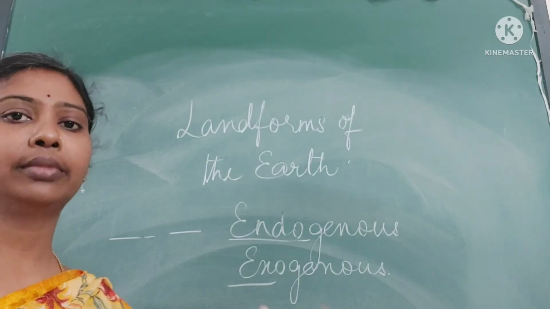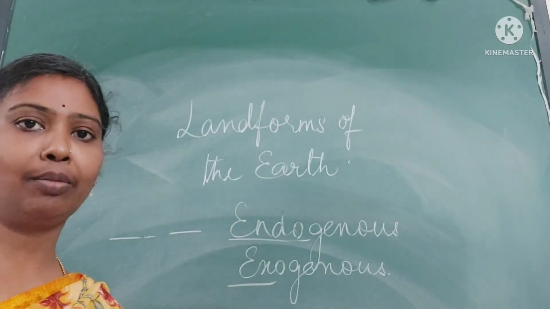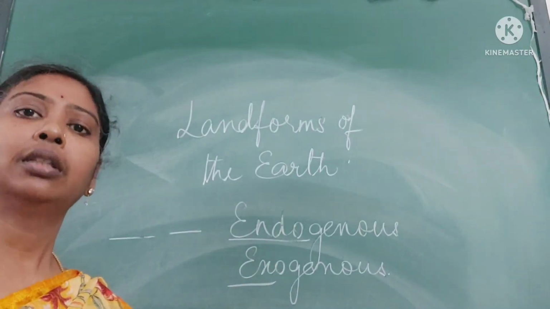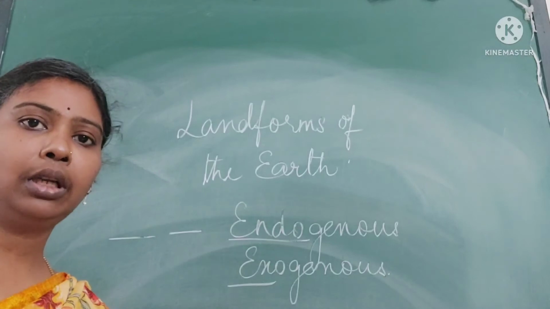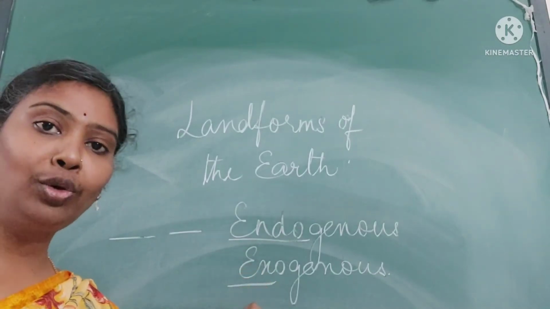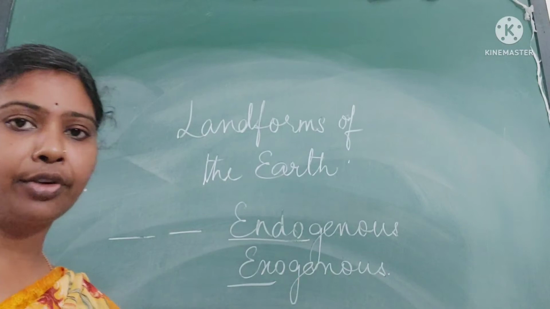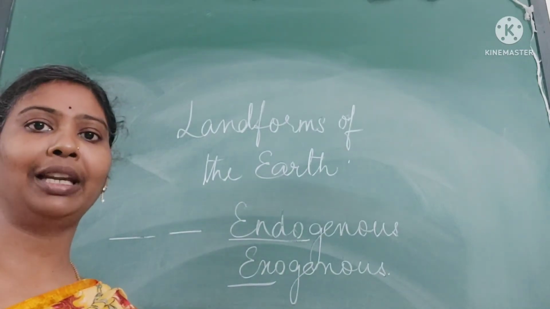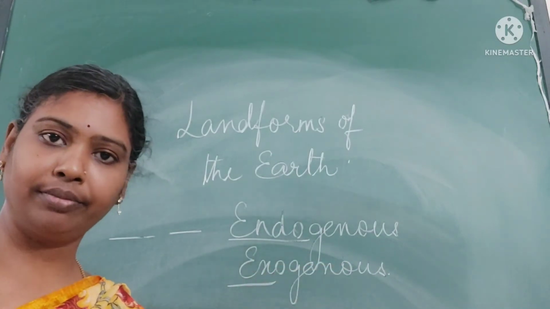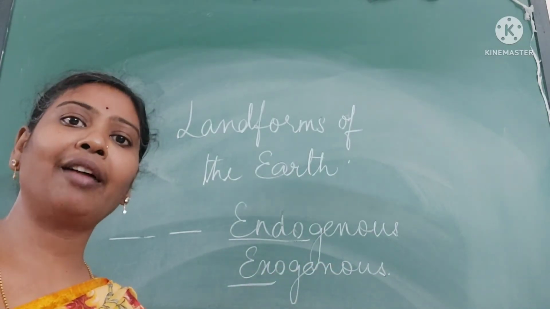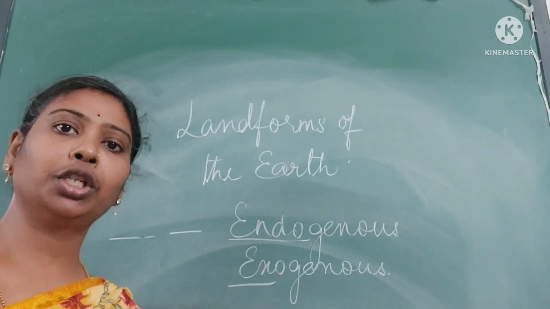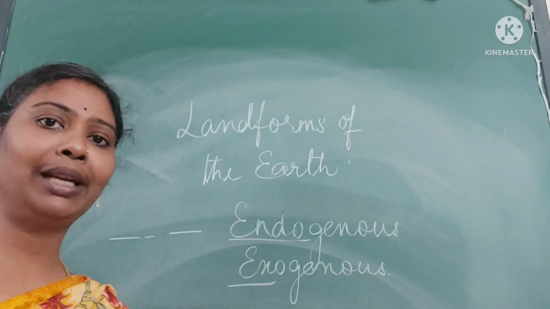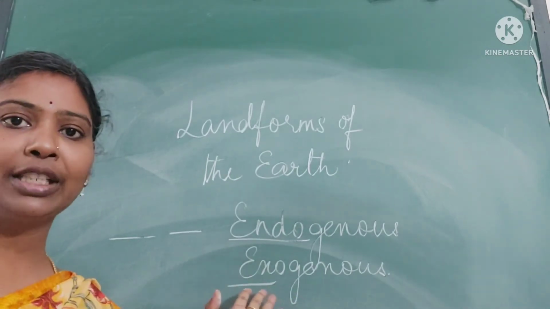All these are external forces which are acting upon the crust, and these are the reason for formation of new landforms. See, for example, in the Ganga-Brahmaputra Valley, every year we have erosion, right? So with erosion we have formation of new plains. That is an example of exogenous force.